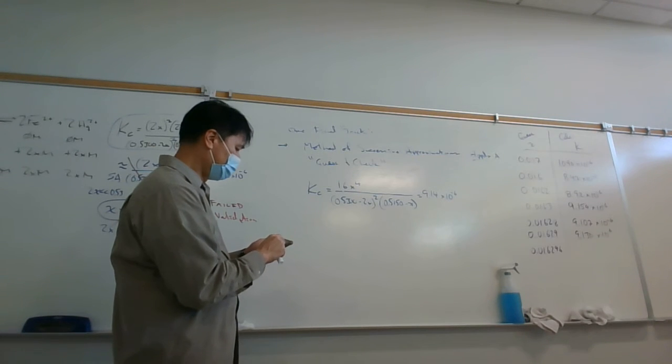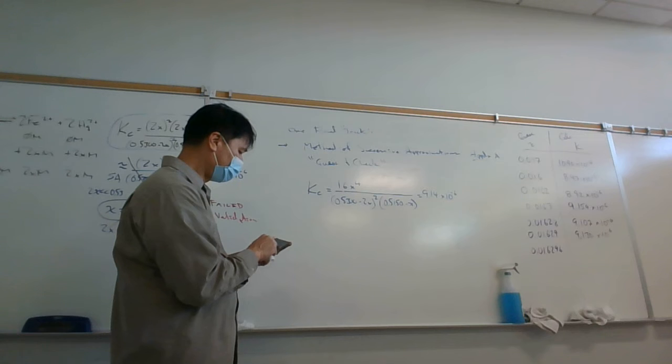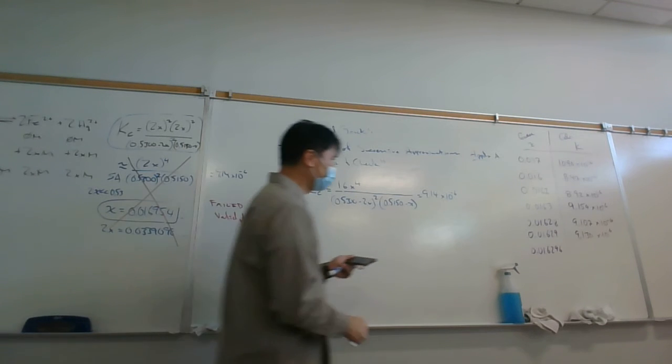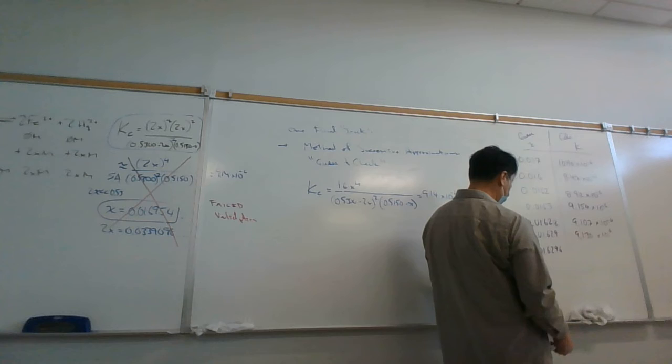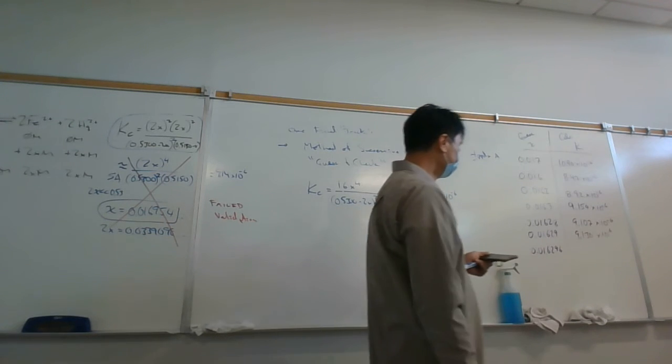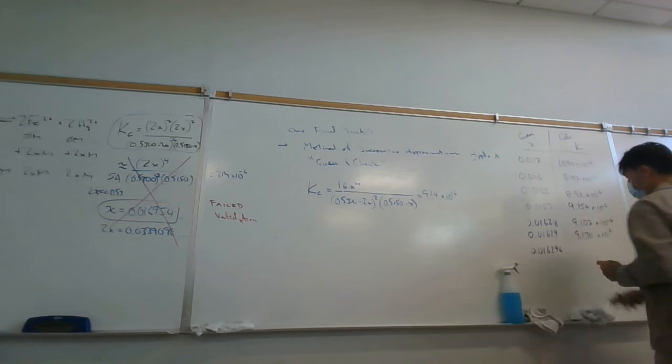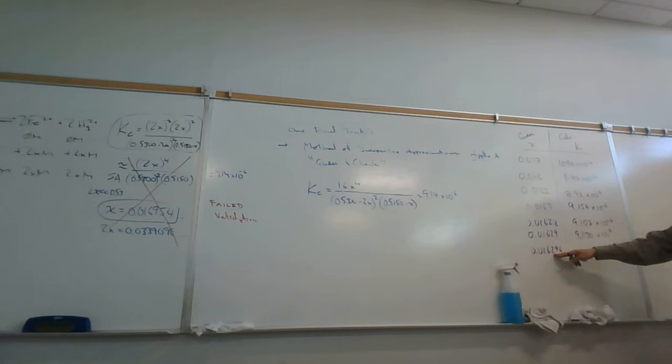equals, divided by parentheses 0.53 minus, okay, now I need to double this. So that's going to be 0.032. What is that? Double 296 would be 592. 0.032592.